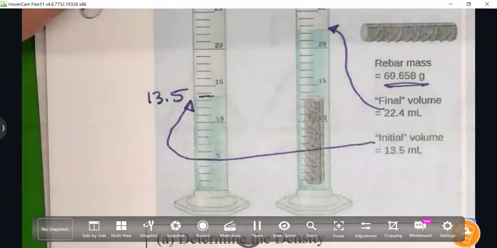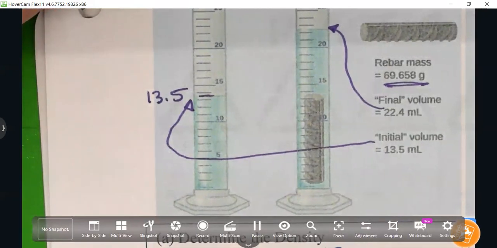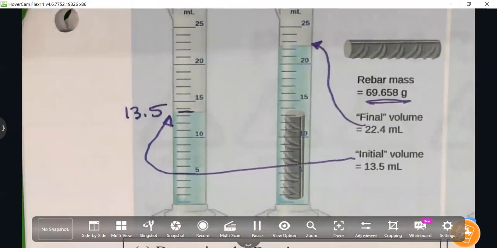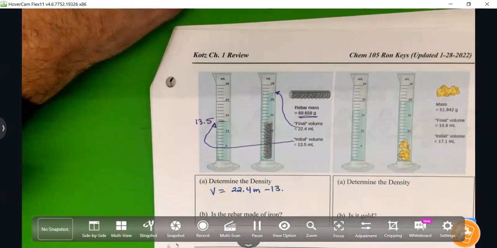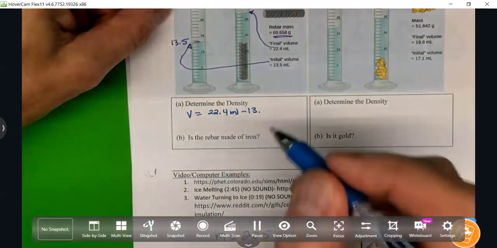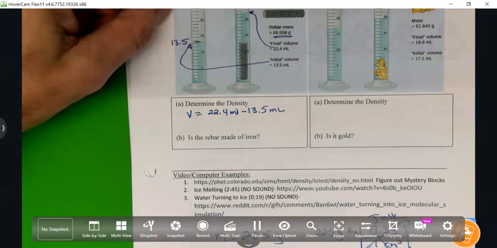So my volume here is going to be 22.4 milliliters minus 13.5 milliliters, right?